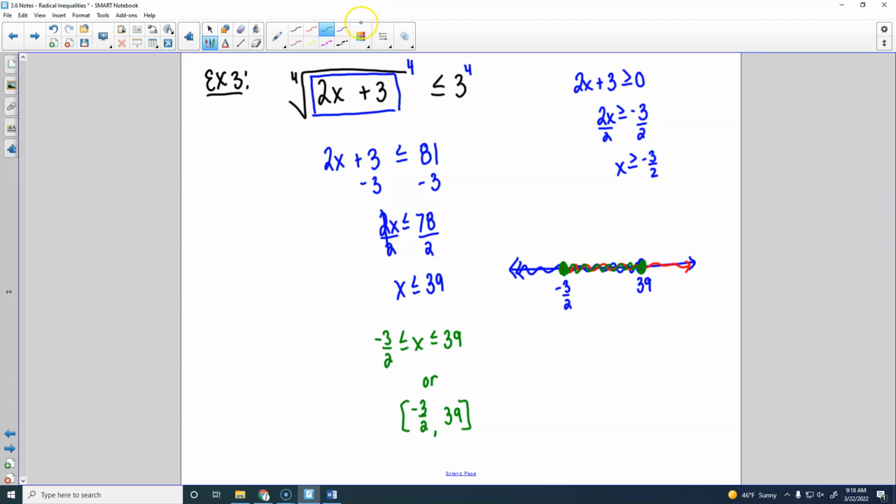It is more likely that the domain is going to matter when you have a less than sign. I'm not going to say it never matters when you have a greater than sign, but it's more likely that it's going to affect. Okay. Questions on that one?